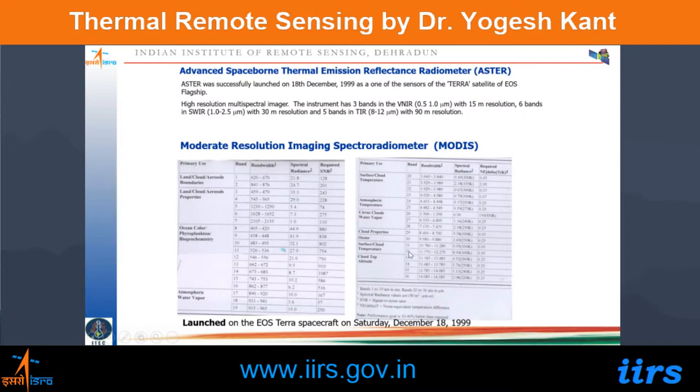So these channels 31 and 32, which are 10 to 11 and 11 to 12, can be used for sensing over most of the Earth surface features. So why 10 to 11, 11 to 12? Because of the atmospheric window. Not 8 to 14. 8 to 14 is a broad spectral range, but depending on the atmospheric window, we choose these channels, 10 to 11 and 11 to 12.